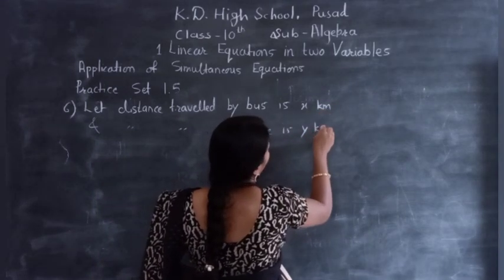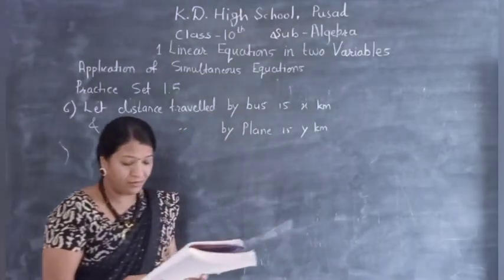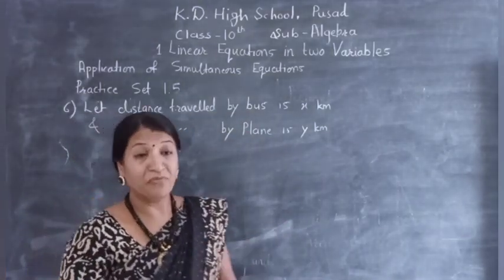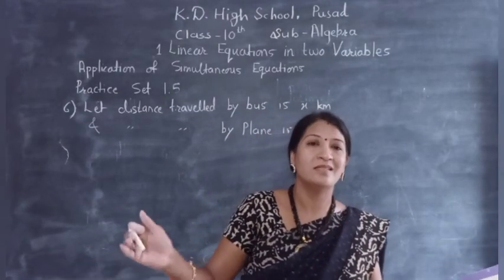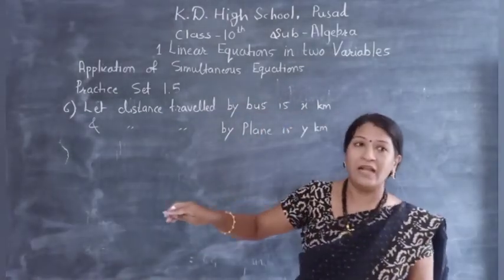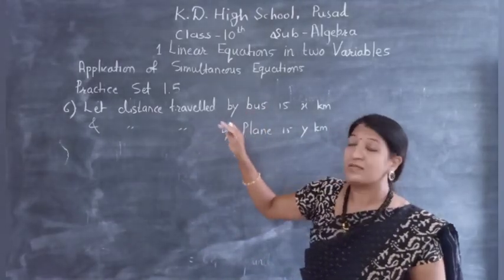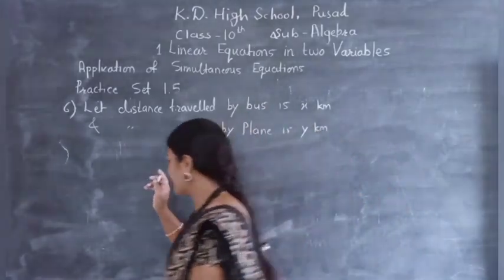It is the distance we have to find out. It means it is in kilometers. Okay. Now what is our first condition? Out of 1900 kilometers, it means the total distance traveled by the bus and the plane is 1900 kilometers. This is our first condition.